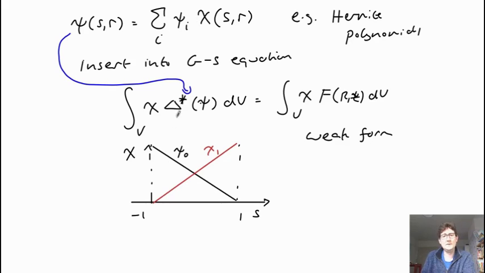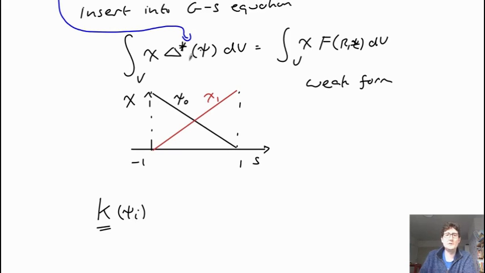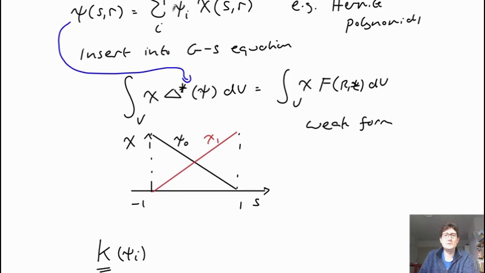And having chosen your set of basis functions, inserted this into this weak form of the equation, you end up with essentially a linear algebra problem. So this left-hand side becomes a matrix which depends on these psi I. So you get a vector of these coefficients. So these are the coefficients in here.